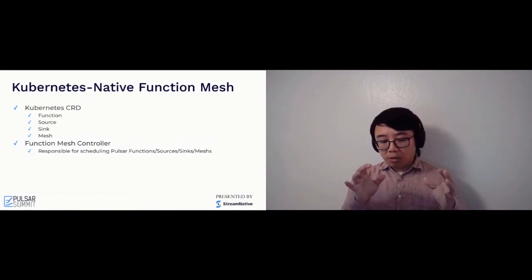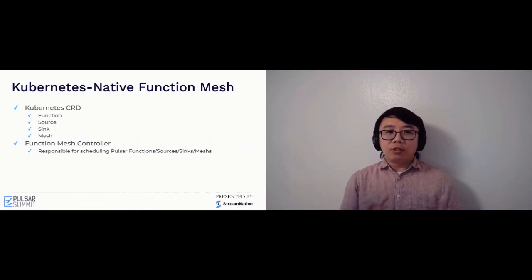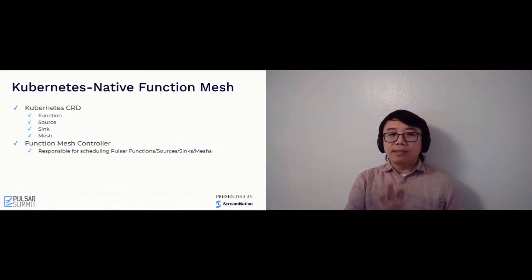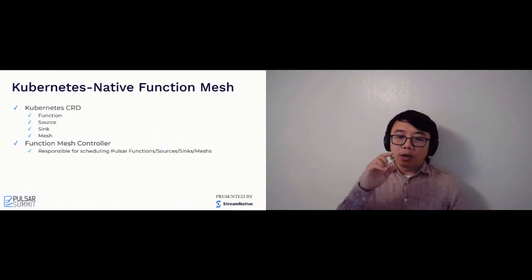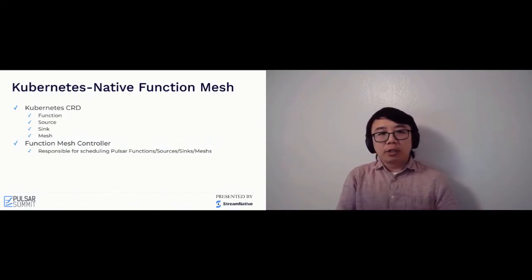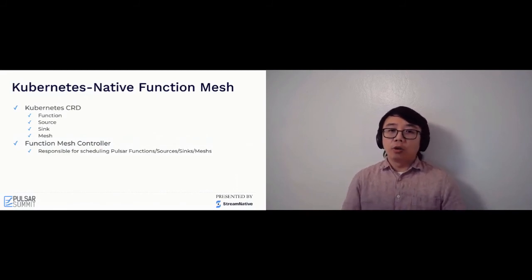So you can customize any type of resources. And the idea is maybe we can just create function, source, sink and mesh as a CRD in Kubernetes, and we can just write a function mesh controller. The controller would just watch the CRD, and it would do the scheduling of individual functions, sources, sinks, and even meshes to Kubernetes.